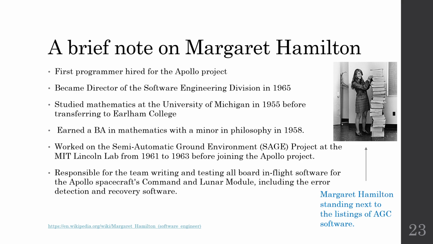SAGE was a project related to missile tracking and missile detection systems. And after she became the head of the software engineering division, she was the person responsible for the entire team who wrote the entire code for AGC, and also tested it, including the error detection and recovery software.